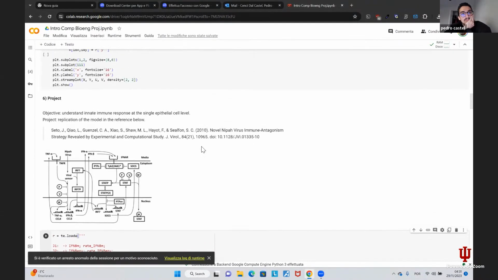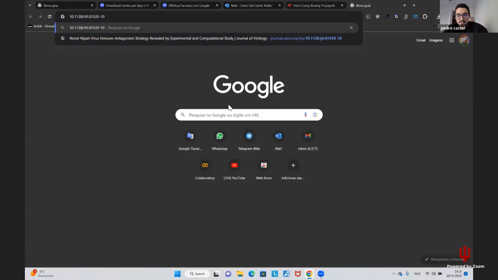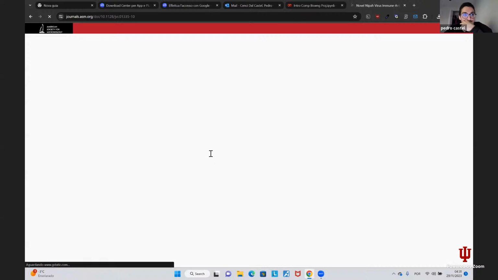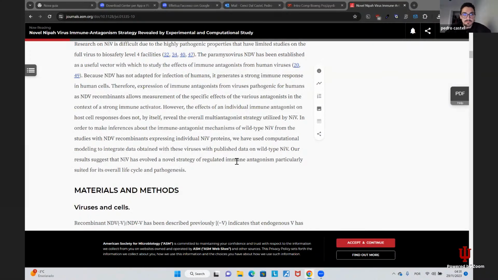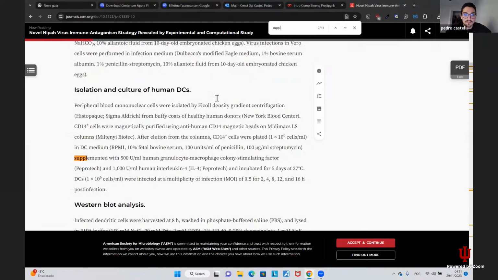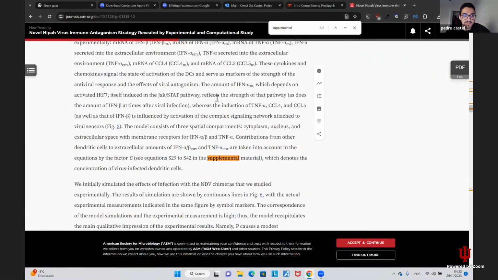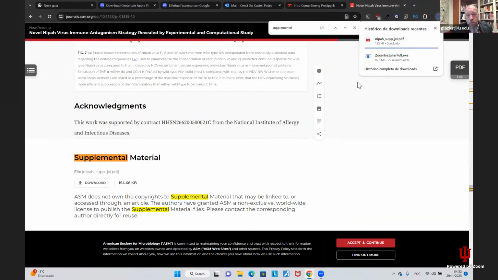It's possible that this is what... let me access the supplemental materials to make sure this is the case. I wouldn't go through this here.